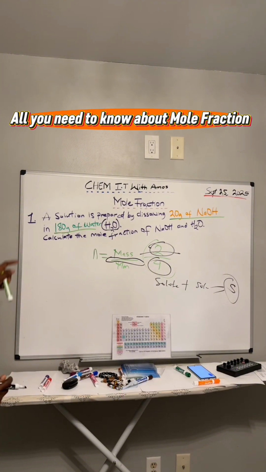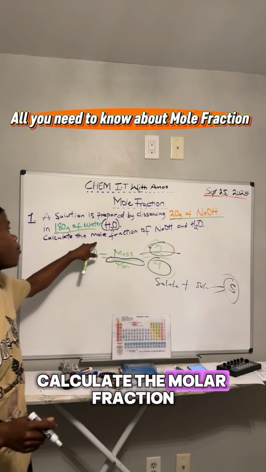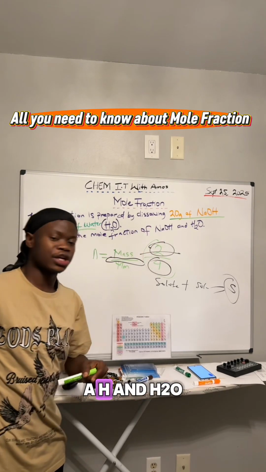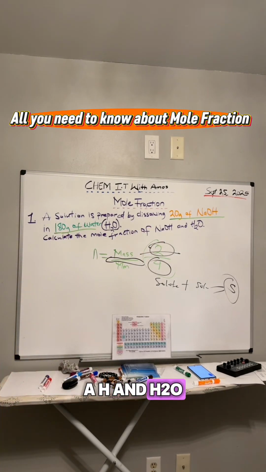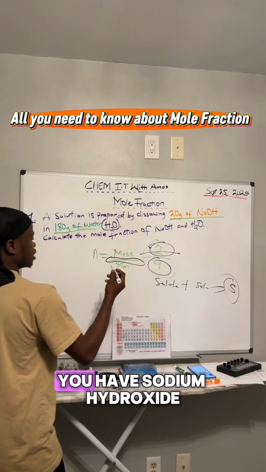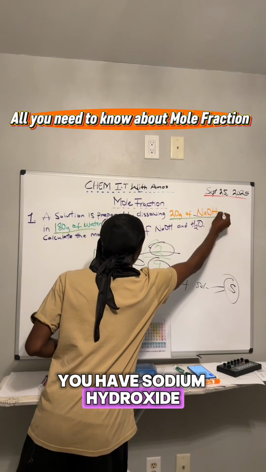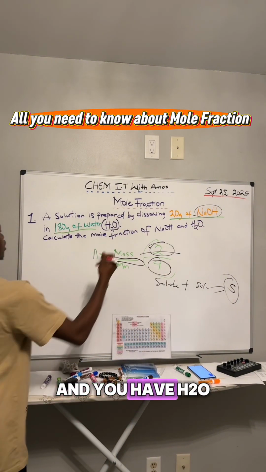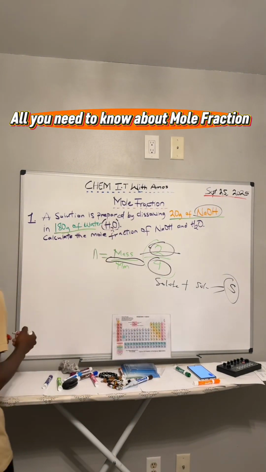Calculate the mole fraction of NaOH and H2O. So in doing this, you have to get a clue. You have two different compounds: sodium hydroxide and H2O.